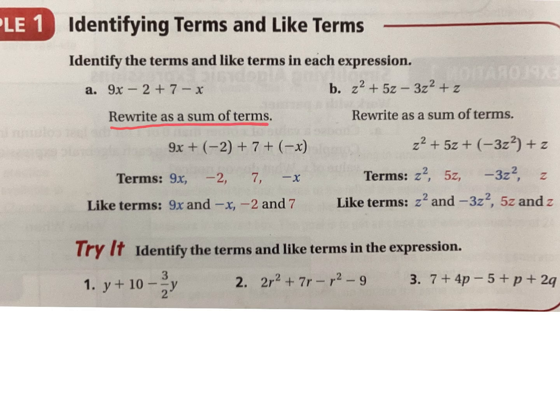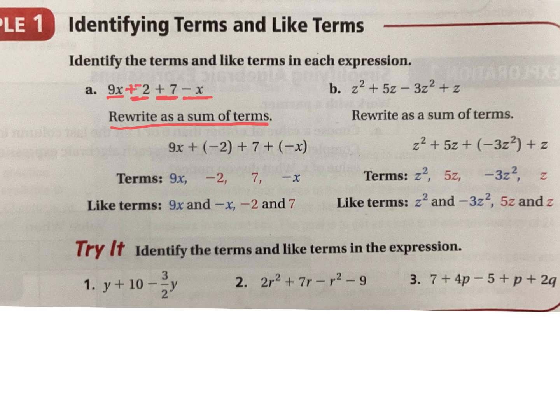So right here you have 9x minus 2 plus 7 minus x. Now, the plus 7, that's good. But you have this minus 2 and this minus x. I want to change those into addition. And remember, the way we do it into addition is we add the opposite. So we'll change that and that.